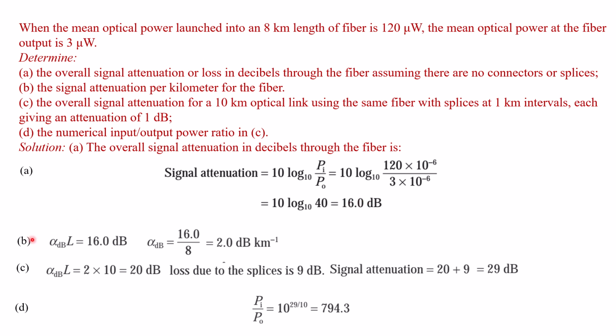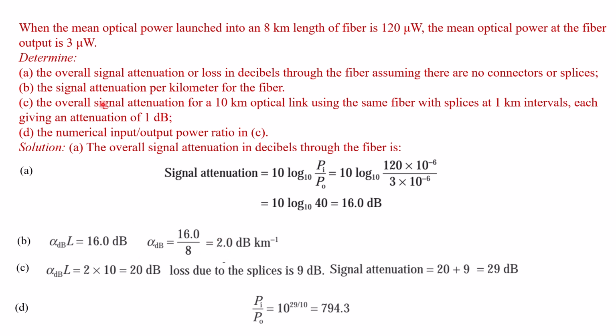Now this is the total attenuation, right? So from that we can calculate the attenuation per unit length. So alpha into L is equal to 16 dB. So alpha, the attenuation per unit length, can be written as 16 divided by the length of the fiber, which is 8 kilometer. So it is 2.0 dB per kilometer.